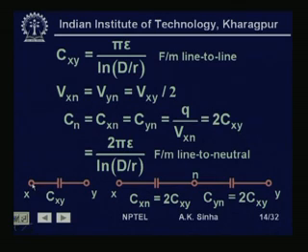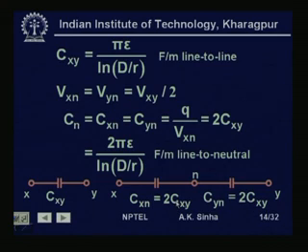As we can see here, between x and y we have a capacitance Cxy, and if we take the neutral at the center, then we have capacitance Cxn between x and n, and capacitance Cyn between n and y. These capacitances will be equal to 2 times the capacitance between x and y, because they are in series.